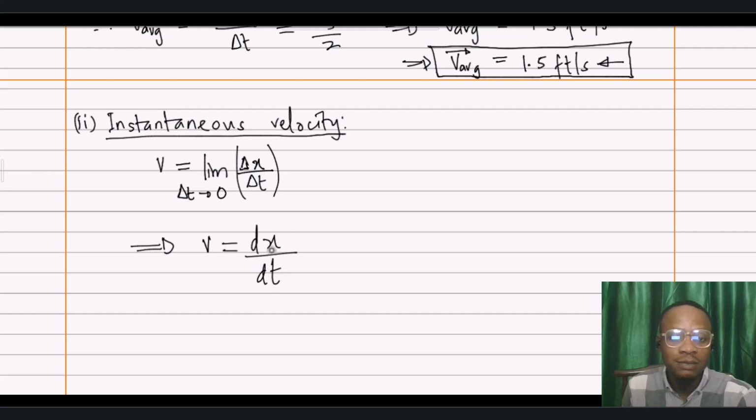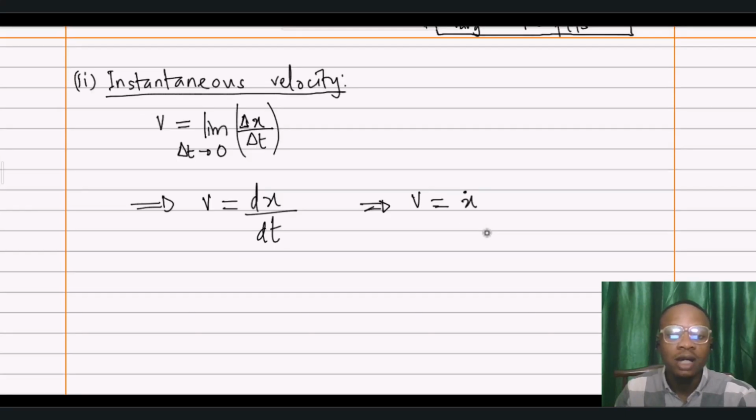Don't forget, x is the position coordinate; it's delta x that is displacement. If you like using some other symbol, we can say v is equal to x dot, the dot implying derivative with respect to time. So this is the instantaneous velocity, or just the velocity of the body.